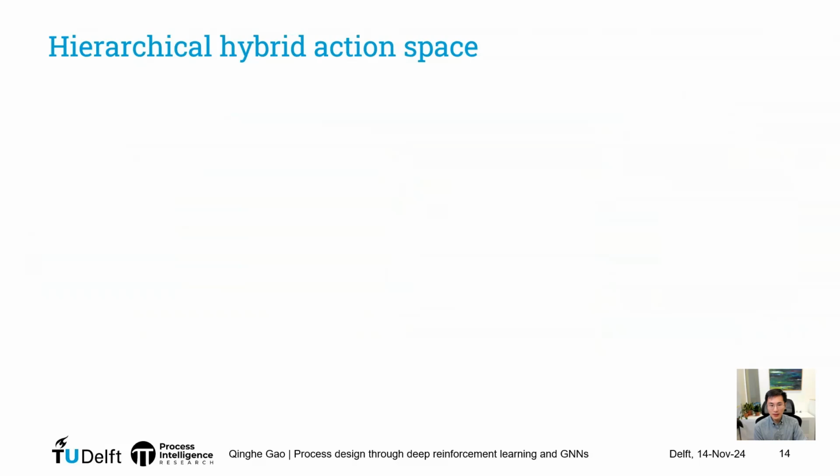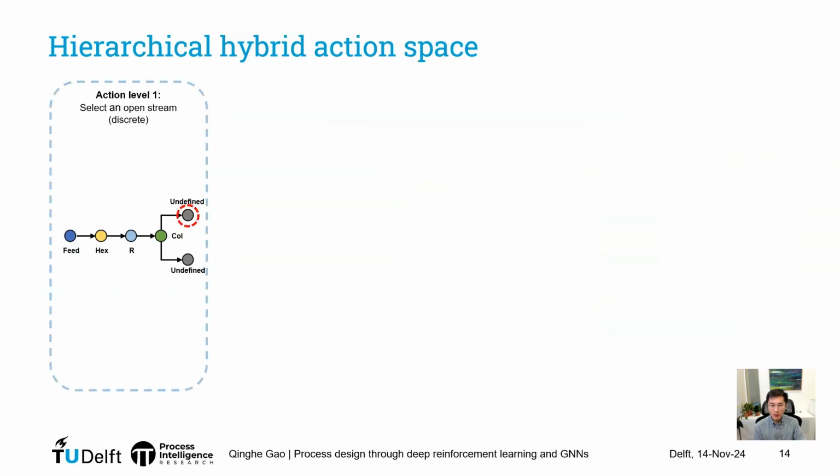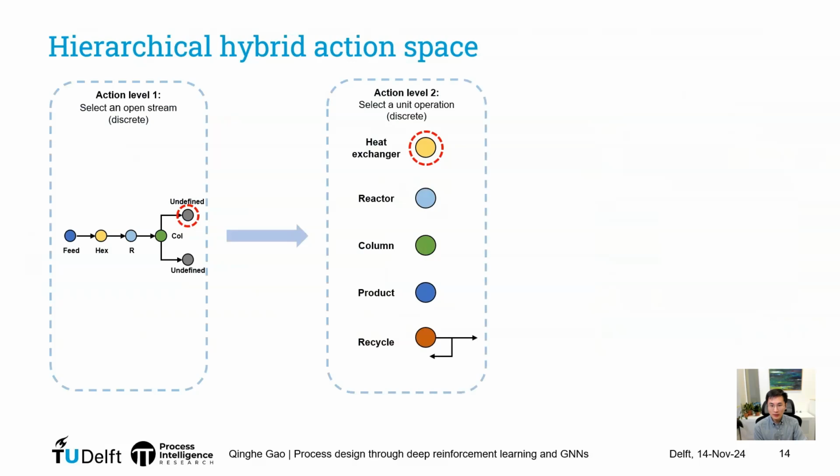Hierarchical action means we could have some internal structure within the action space, and hybrid means we could include discrete and continuous actions. For example, the agent can select an open stream, which is a discrete action, and then the agent can select a unit operation, which is again discrete.